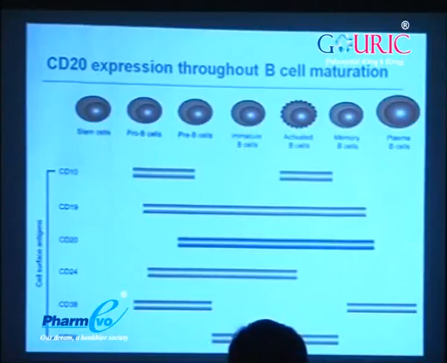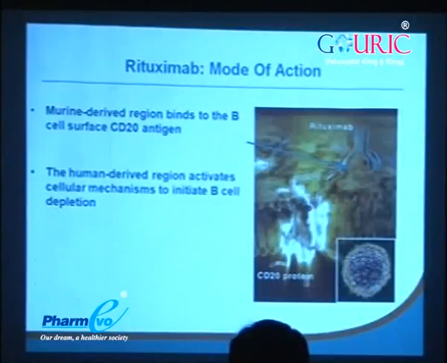And this explains the mechanism of action of this, because you basically do not lose the capacity to mount an immune response, as you would if you knocked out all cell lines, including the plasma cells.